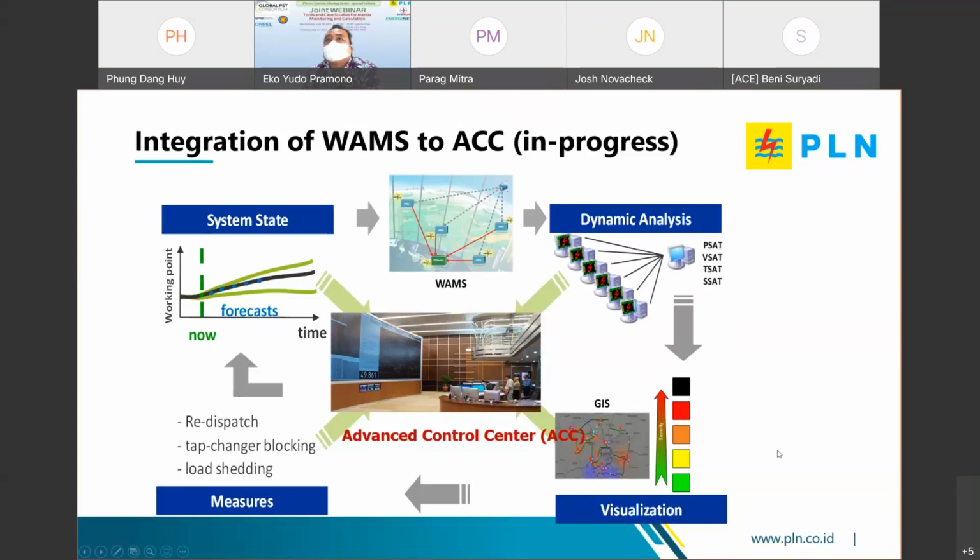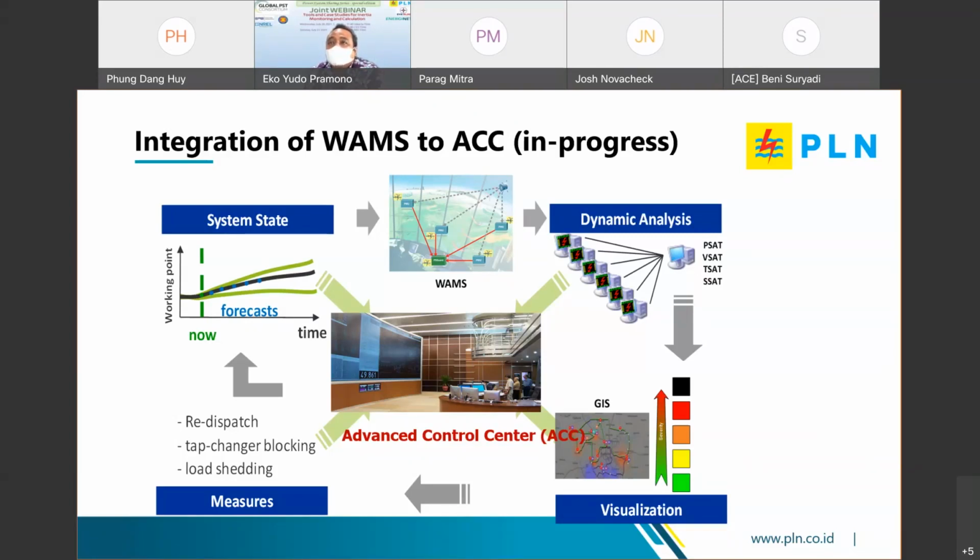Next, please. This is our future. I mean, we plan, and it is also our dream, to get integration of WAMS to the area control center, the advanced control center. It is still in progress, maybe in 3 or 4 years, operating in Jawa Bali.